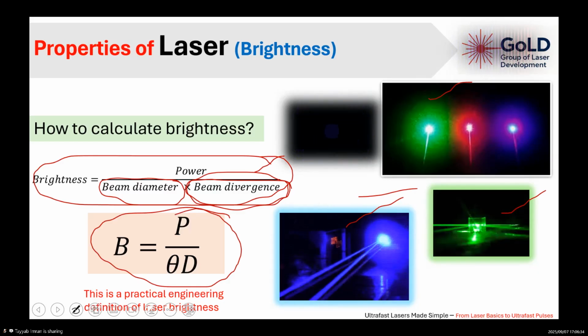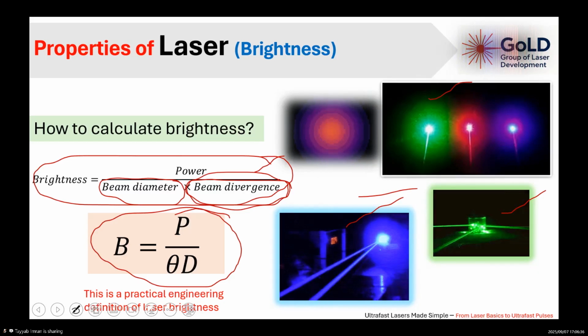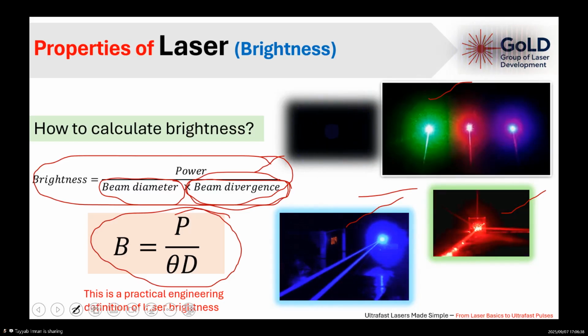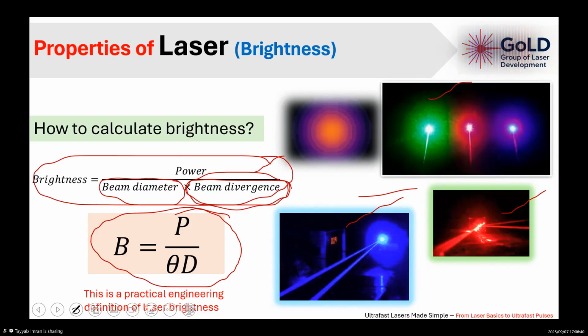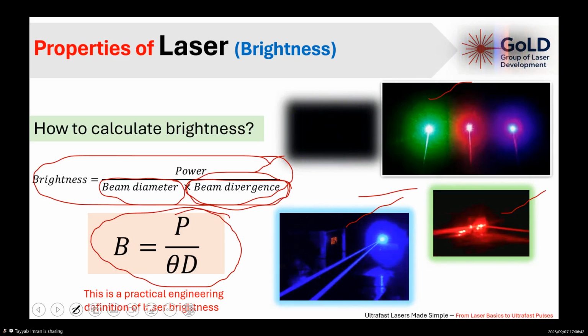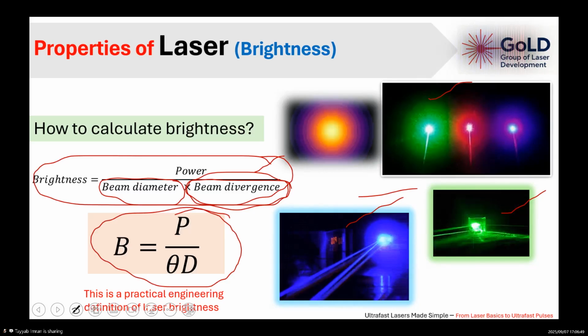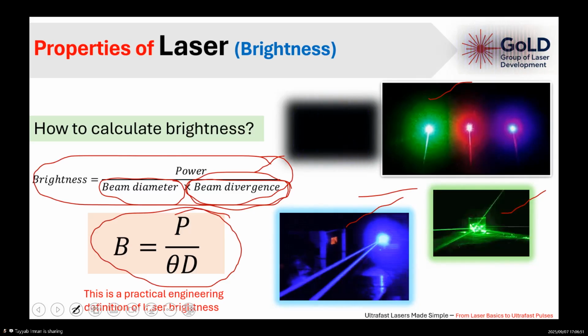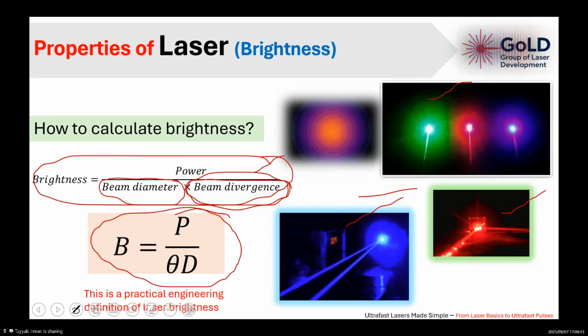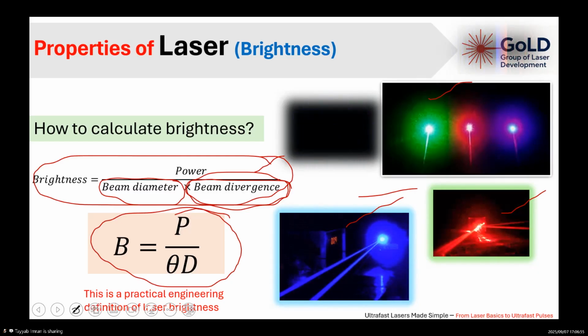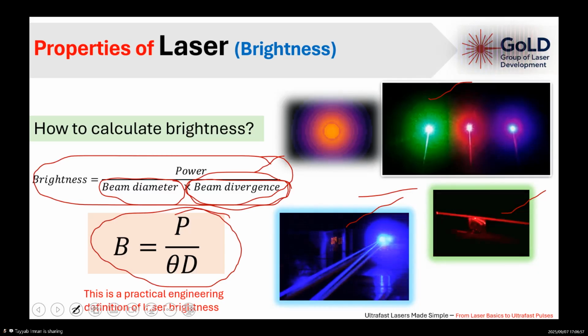There are some complicated equations also involved, but I'm not going into that kind of detail. There's too much physics in these things. This is a very practical formula which engineers use when they work with the laser.